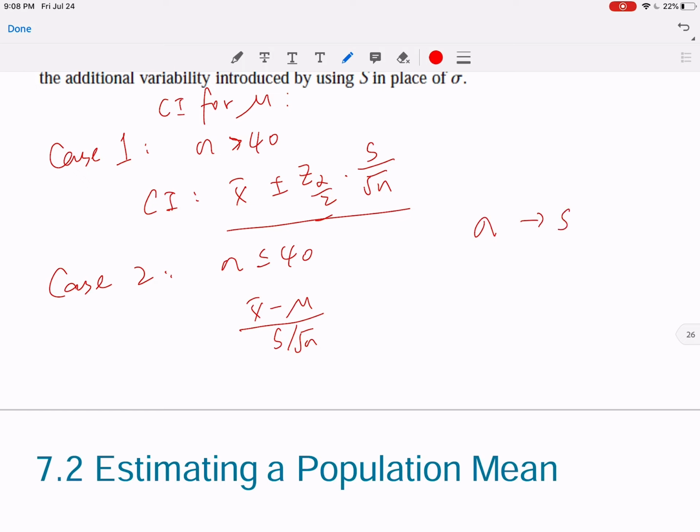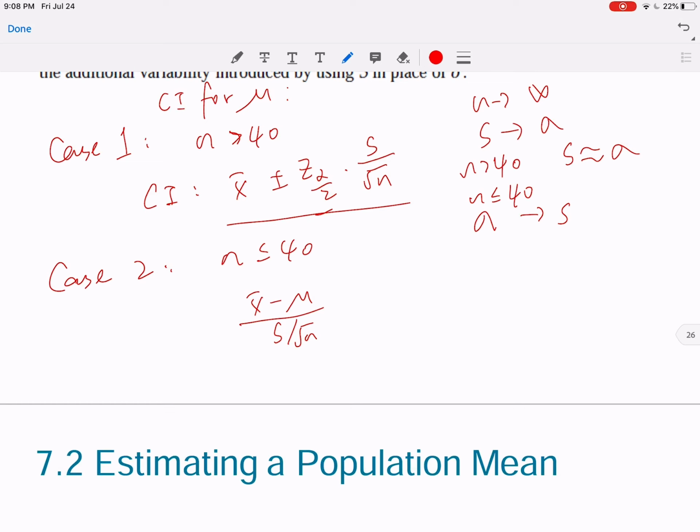So when n is very large, when n is going to be infinity, we have that the sample standard deviation is going to be getting closer to the population standard deviation. So in other words, if we have n is greater than 40, we can just use the sample standard deviation to replace the population standard deviation sigma. But if n is less than 40, we cannot do that.